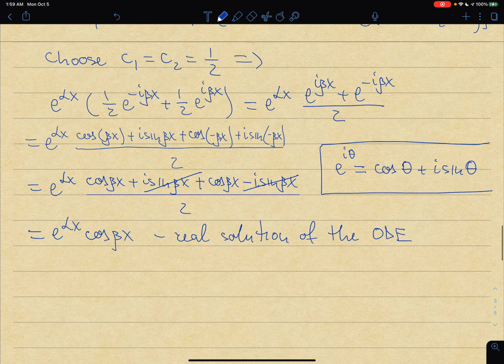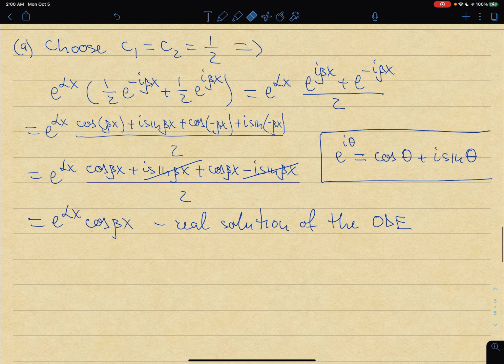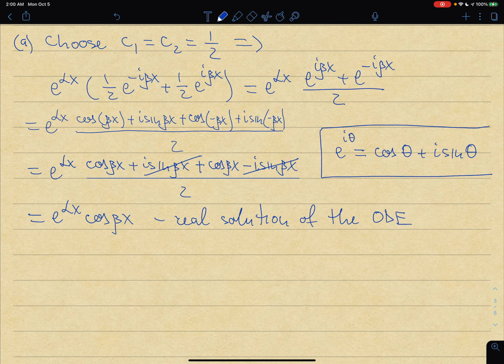Okay, and so that's one real solution. Then of course I can find the second real solution in a couple of different ways. I can find the second solution by using the method of reduction of order, or I can find it in a similar way, as follows.